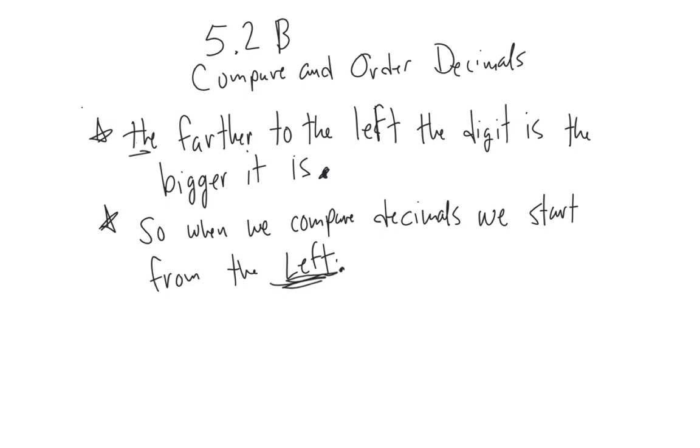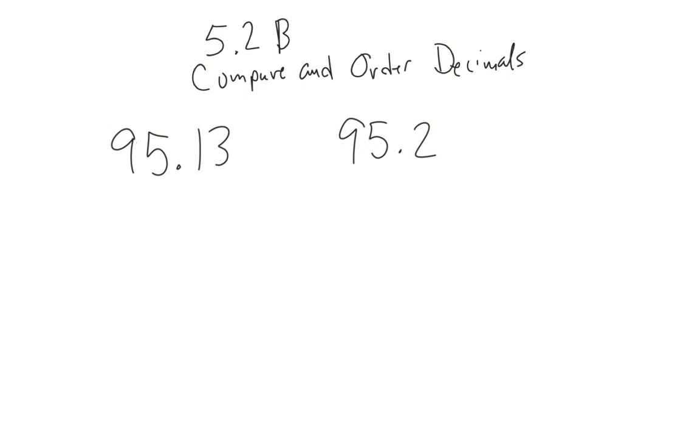All right, so let's go ahead and look at an example. These are our two numbers that we're comparing. Remember, our objective, our standard, is to compare and order decimals. Right now, we're just comparing to see which one is bigger. So I like to look at the numbers from left to right, and that's how you should be doing it.